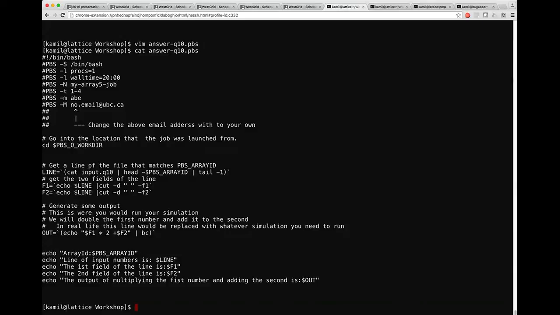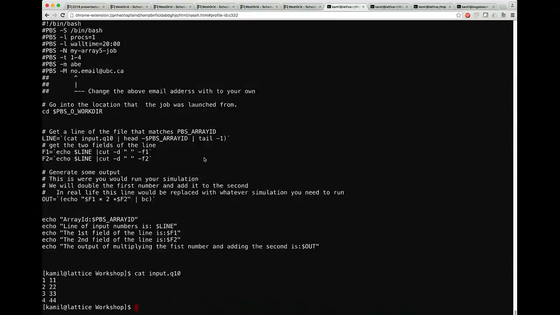Basically, what this file does is it takes the input file, which has just 2 columns of numbers, and it grabs a line.